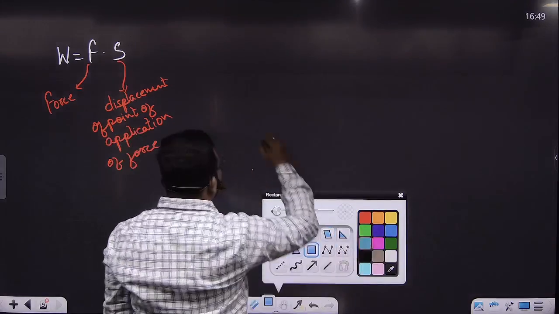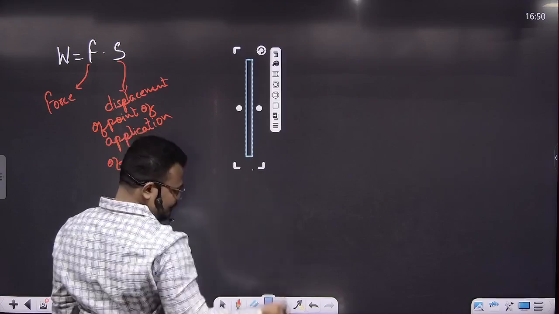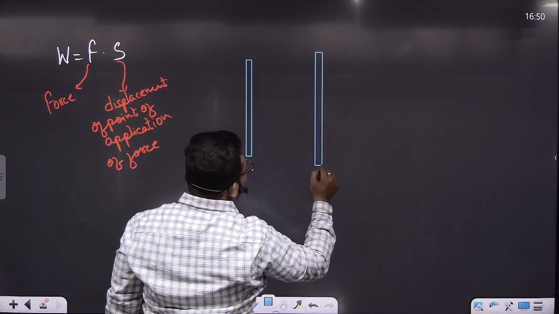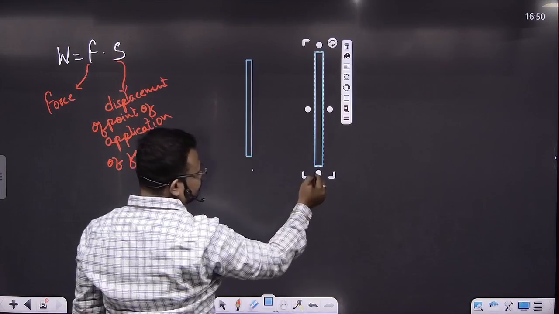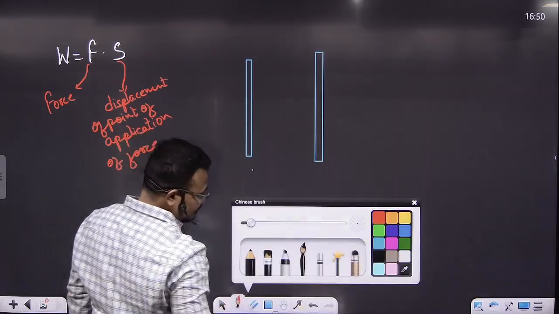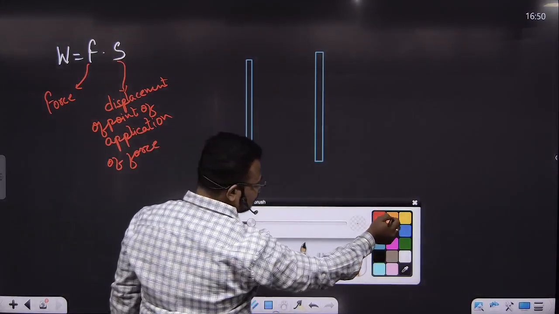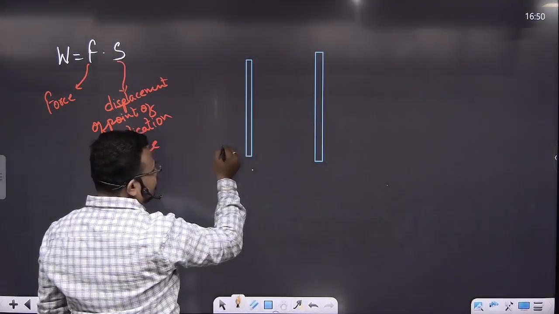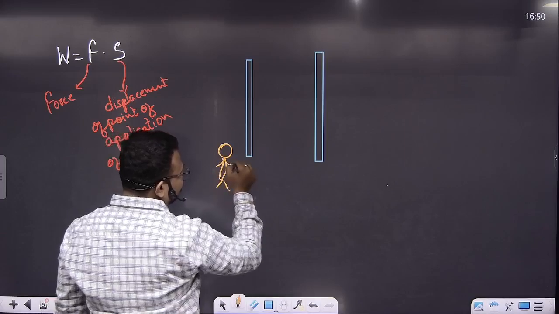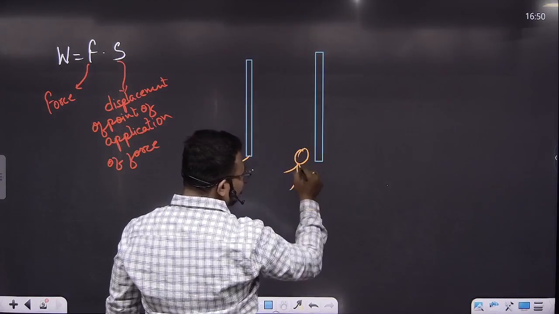Like I am taking one rod here, like this I have drawn the rod. Here the person is holding it and it is moving.